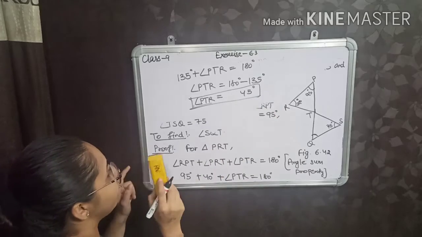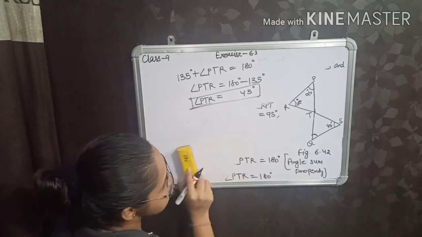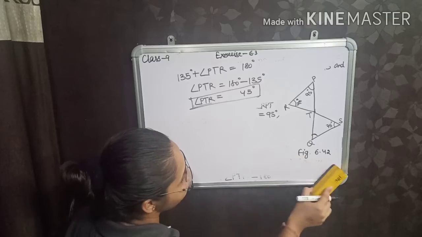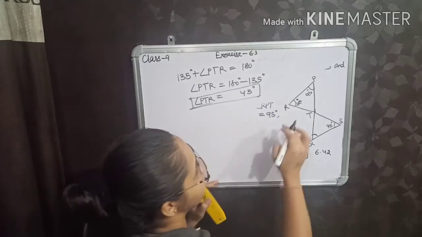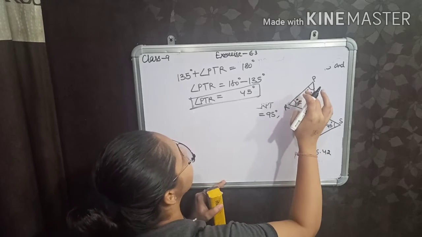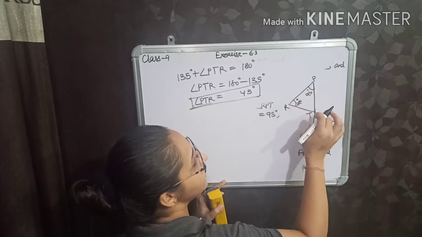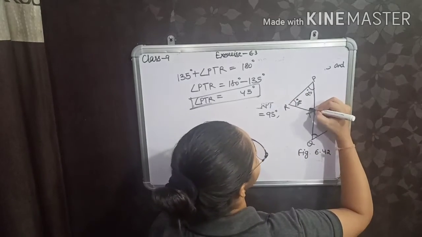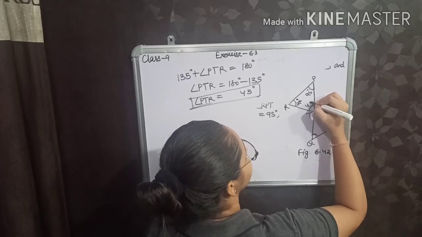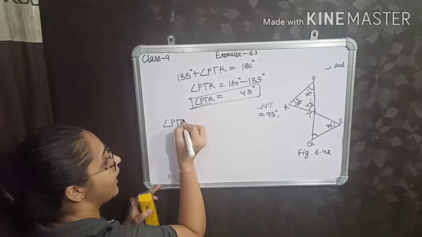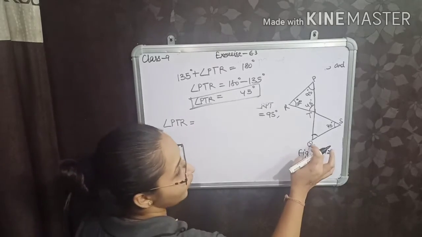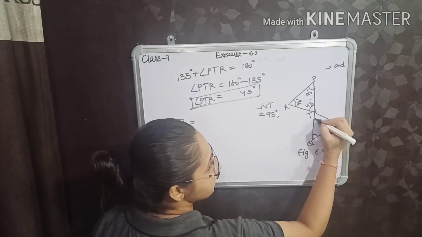But you have to find the value of angle SQT. Now, how will you proceed? See, this angle, this you have found, angle PTR. This is 45 degree. Now, you can write angle PTR is equal to angle QTS.